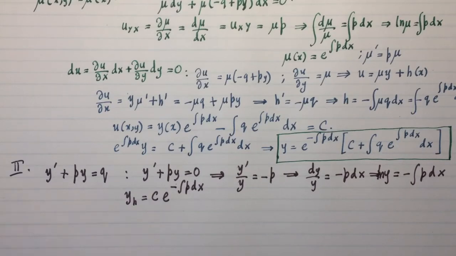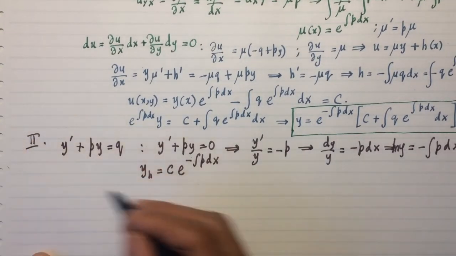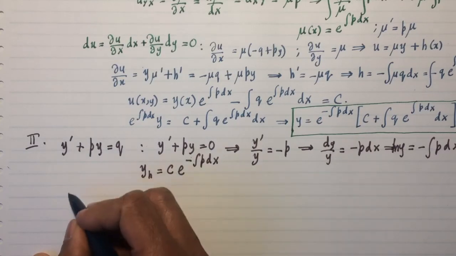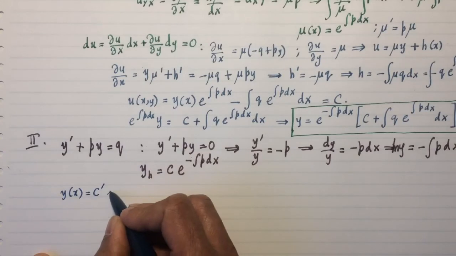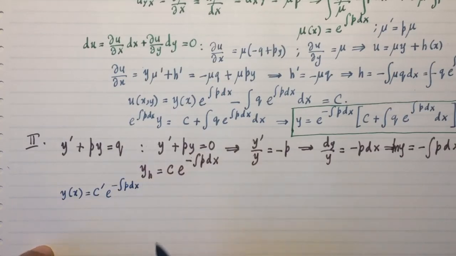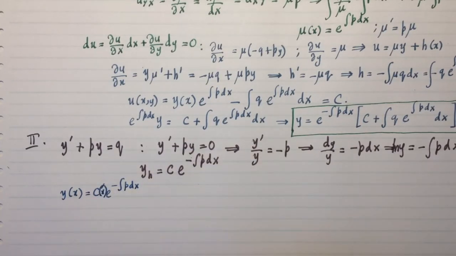So these are the various fine points you have to note when comparing the two methods. Now the full solution by Lagrange's ansatz is the constant c written as a function of x. That'll be the full solution.